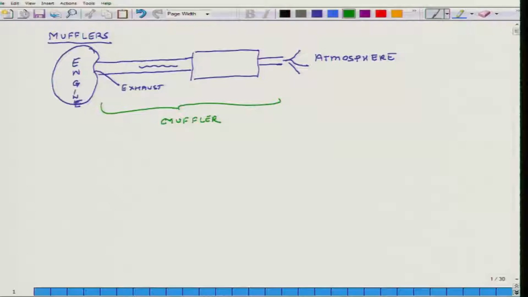It may still be loud, but it is not so loud that it can hurt your ears or be significantly annoying. That is why it is called a muffler, because it muffles or suppresses the sound. Another name for this, specifically in our country, is silencer.